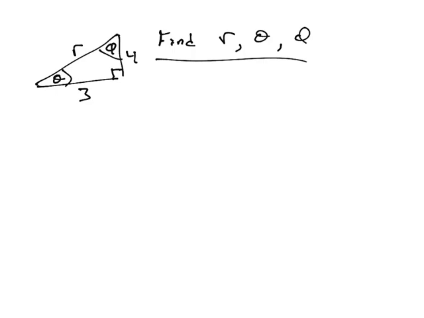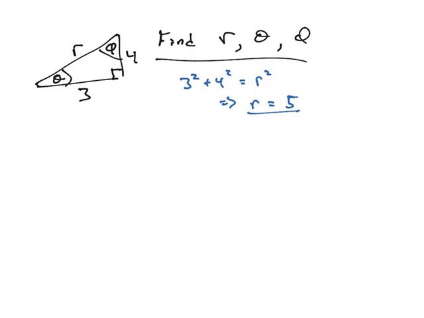Okay, well, let's see. How do I do it? First thing I could do is find r quite easily using the Pythagorean theorem. 3 squared plus 4 squared is r squared. And I did this before. We already know r is equal to 5. So there's one of my answers.